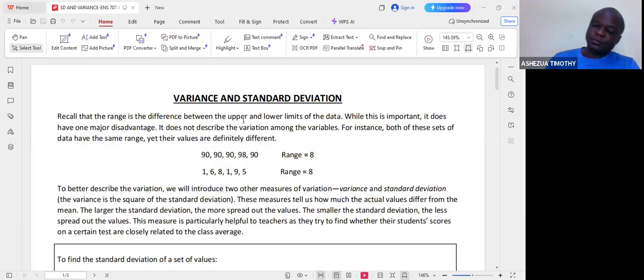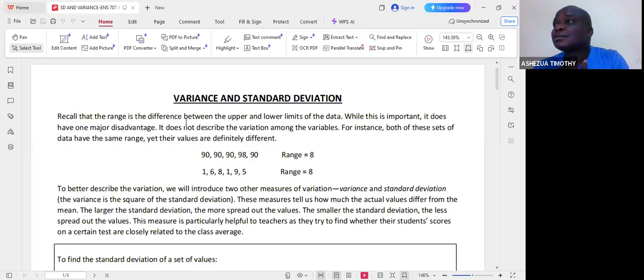Now, let's look at variance and standard deviation. But before we do that, at some point I told you that range is the difference between the highest score and lowest score in the distribution.